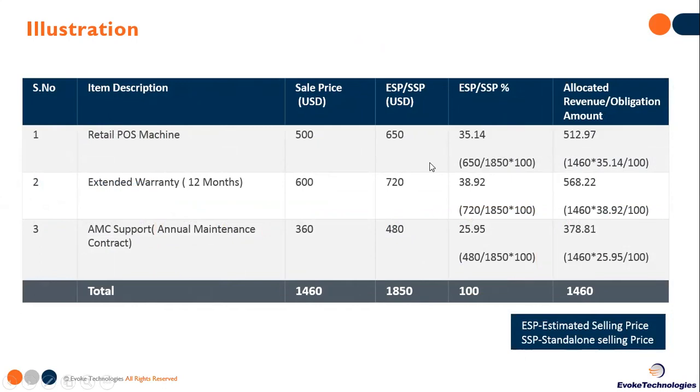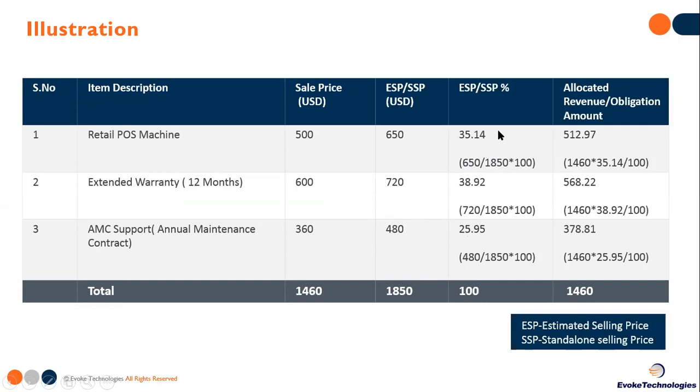For the retail POS machine, 650 is its standalone selling price. 650 divided by 1,850 into 100 gives 35.14 percent. Similarly, for 720 the proportion is 38.92, and for AMC support it comes to 25.95.